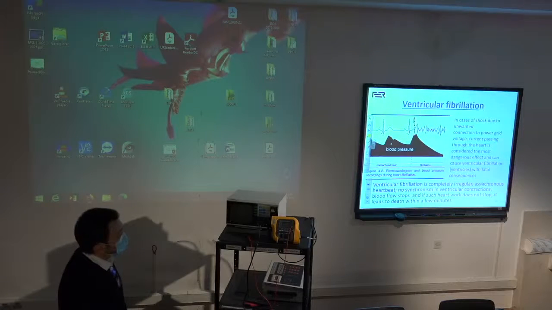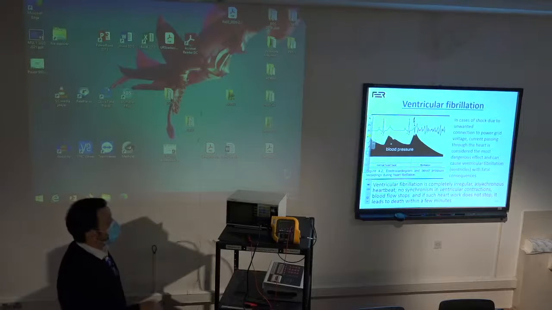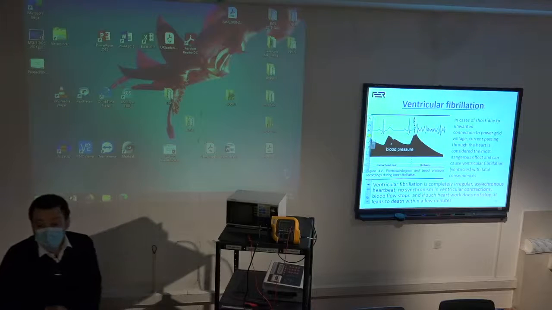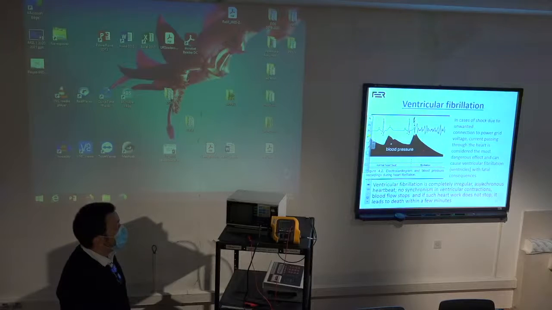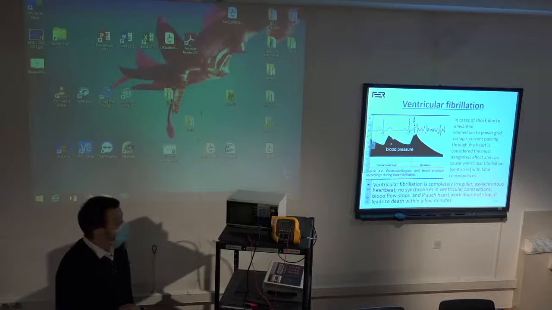So, as we said, an electrical shock, especially in the relaxation phase of the heart contraction, may very easily cause fibrillation of the heart.